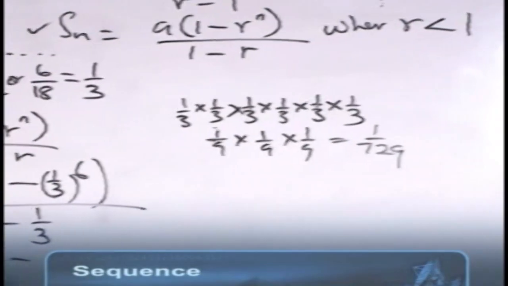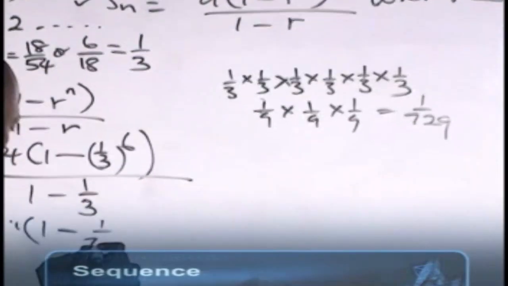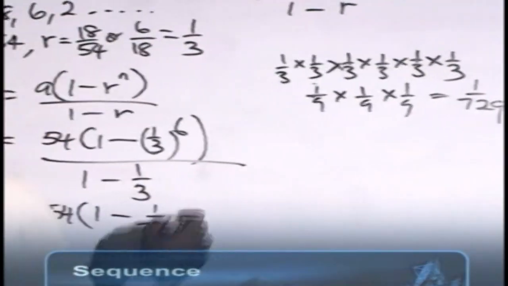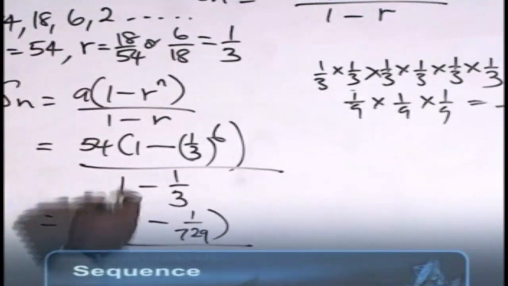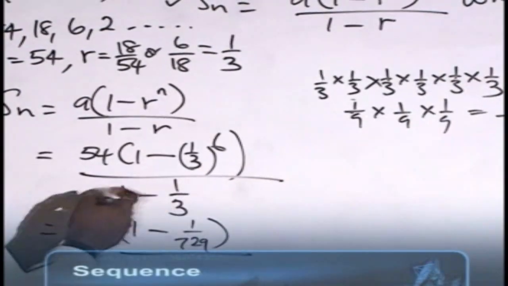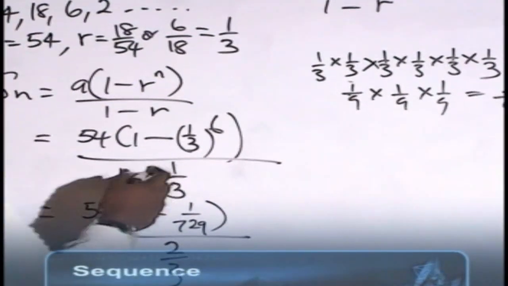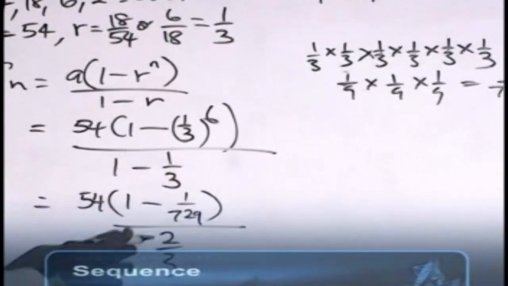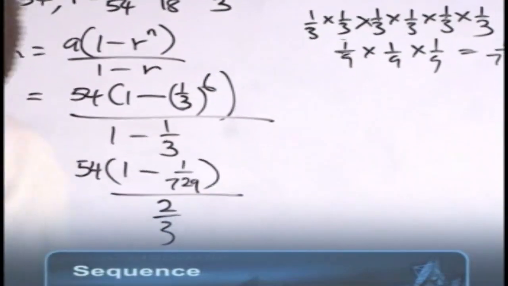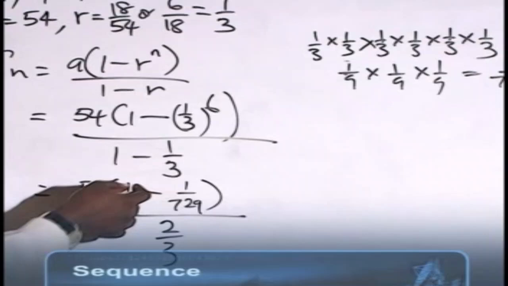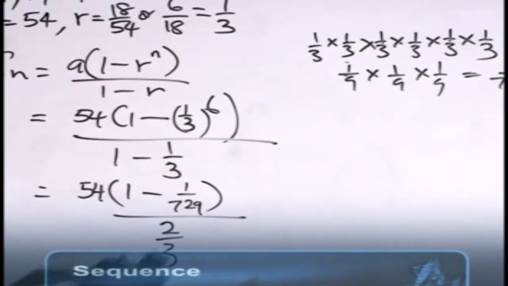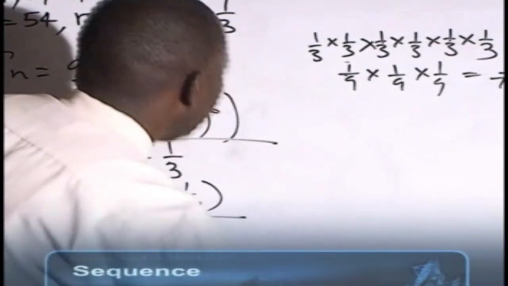So eventually you have 1 over 7 to 9 over, if you take away 1 over 3 from 1, you will have 2/3. If you divide something into 3 and you take 1/3 away, what you have left is 2/3. So find the LCM of the one inside. It will look like this.